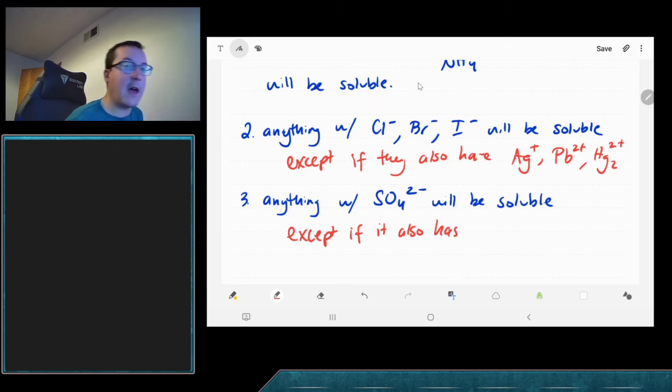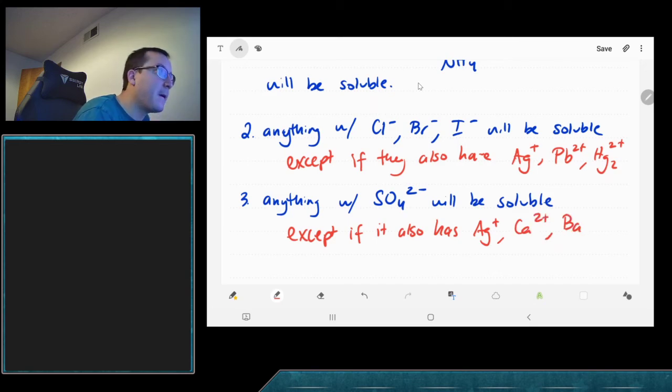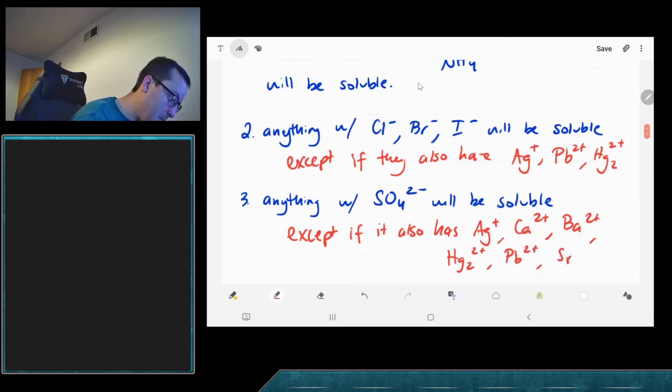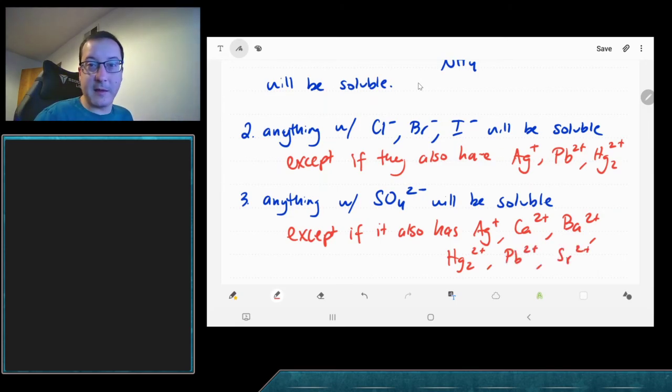Unless it also has silver, calcium, barium, probably mercury as well, lead, or strontium. So I know this seems like a lot of ions, but don't worry.